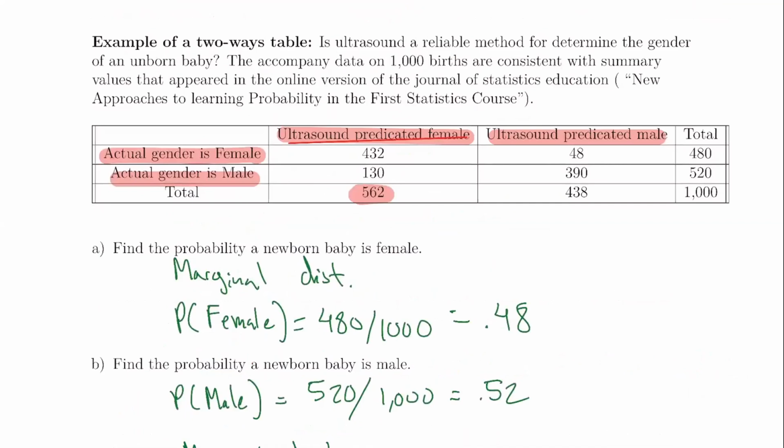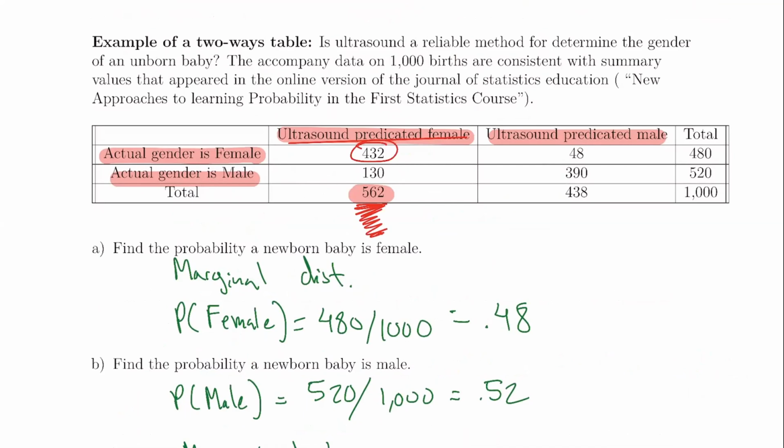Of these 562 babies that were predicted to be female, how many of them actually turned out to be female? Cool, so it should be 432, because remember, we're only looking at babies that were predicted to be female.